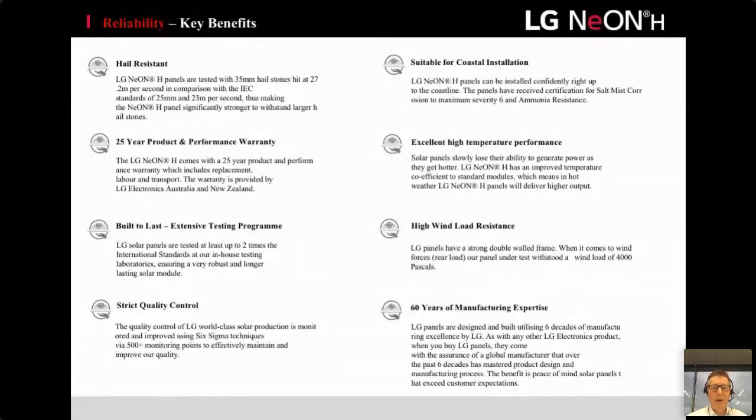This is really just part of our story: we have a warranty of 25 years, and we really want to make sure that our modules fit the grade and perform over the lifetime of that 25 years. LG as an entity is a $160 billion business, and the electronics part of that is around $55 billion.